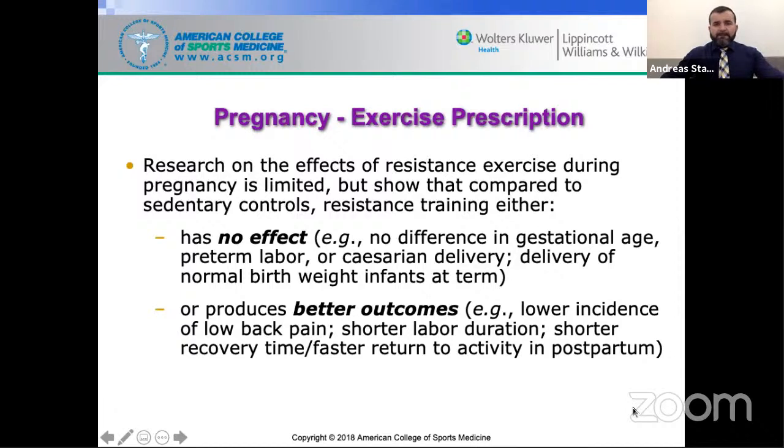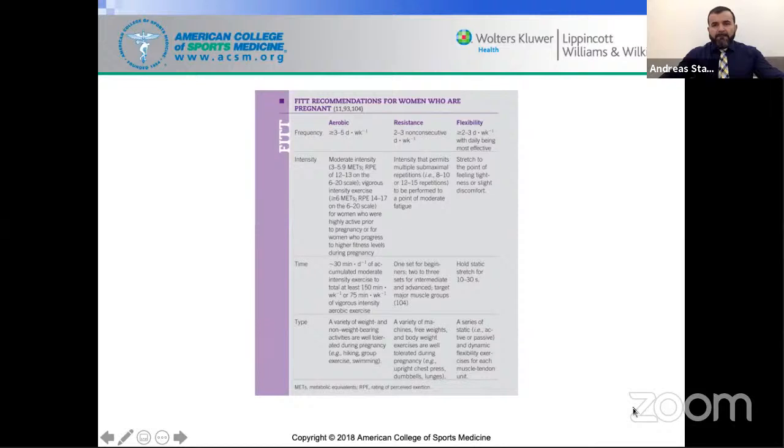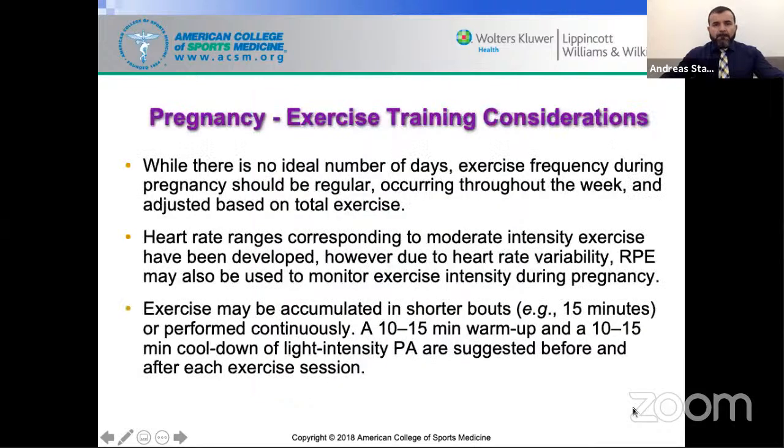Now resistance exercise, right? If it's not beneficial, at least it doesn't hurt. All right, these are the guidelines for pregnant women. No ideal number of days for exercise, but it really depends also on whether you were exercising before, your fitness levels before. So we have to take that into consideration, right? You can't start doing everything during pregnancy if before pregnancy you've never touched a dumbbell in your life.